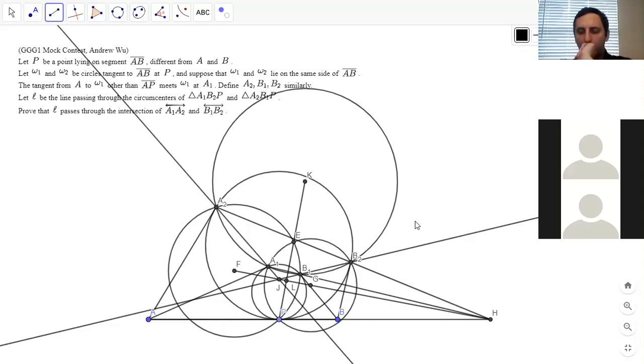Not sure. Ultimately we want to show FG is the polar. So FK is perpendicular to A2B1.